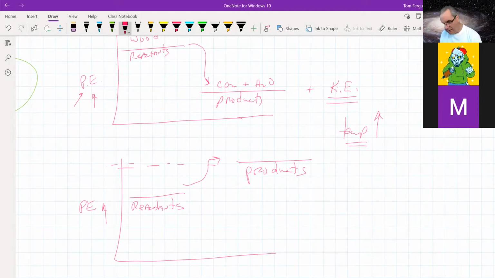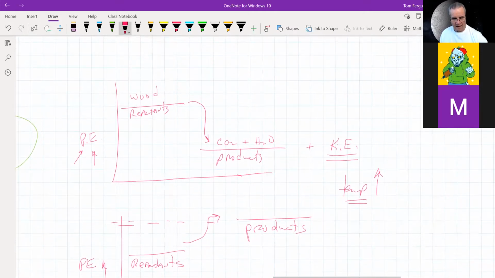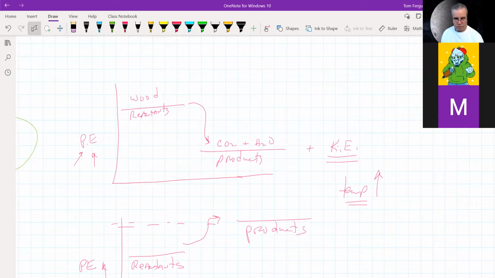The more unstable your product, the less it sticks around. Now, in the case of wood, carbon dioxide and water is pretty darn stable. So it doesn't regenerate the wood very easily.